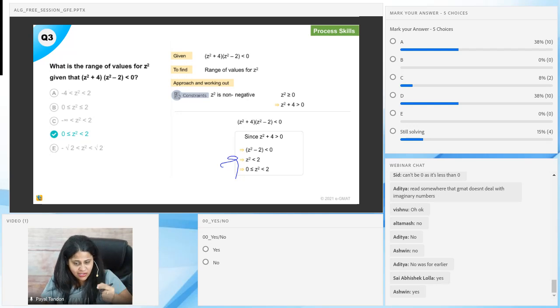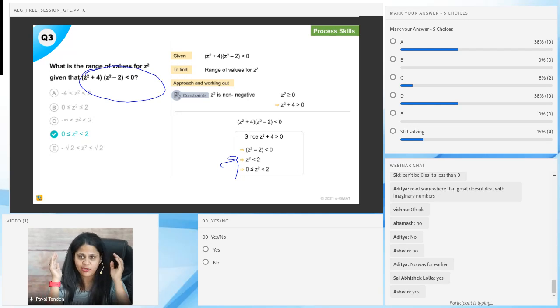But what I'm focused on is not just rote solutions. What I need to be focused on is applying these process skills of translating, of drawing inferences, of looking at constraints. That's very important. And translation is not just applicable to taking English in word problems and converting that into math. Translation is very much applicable to things such as this: product of two numbers is less than zero.